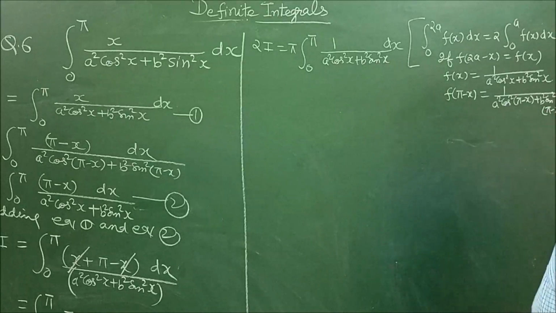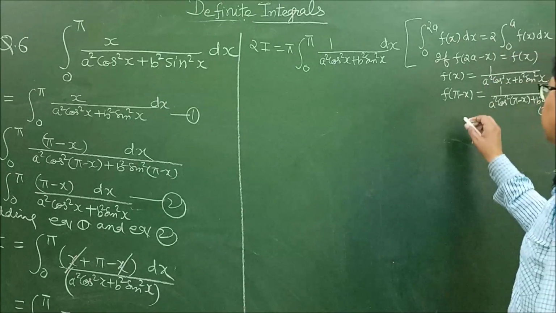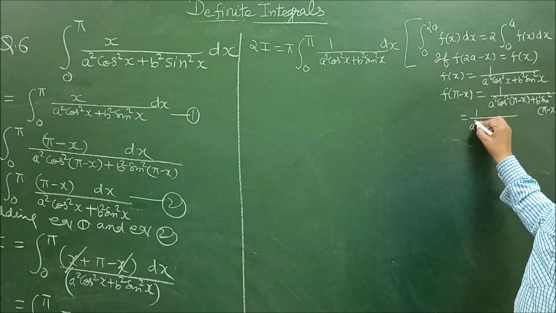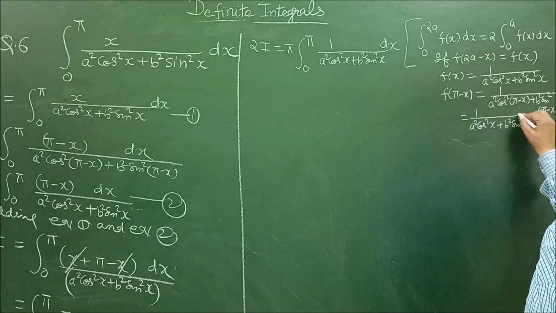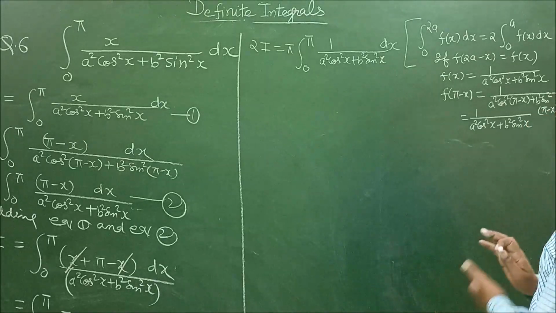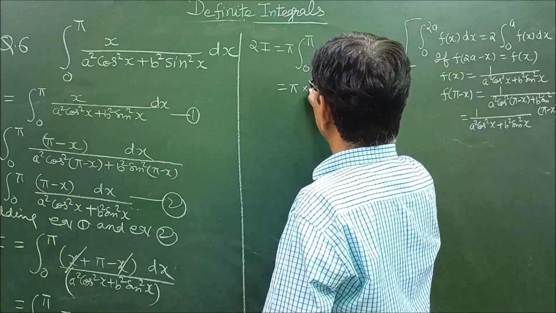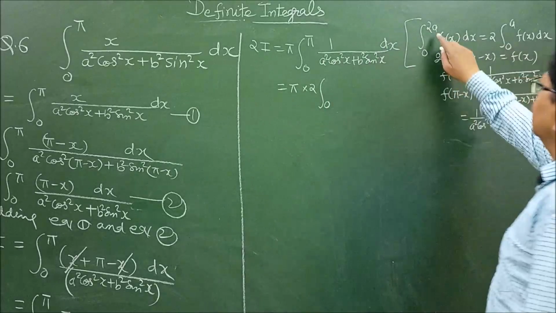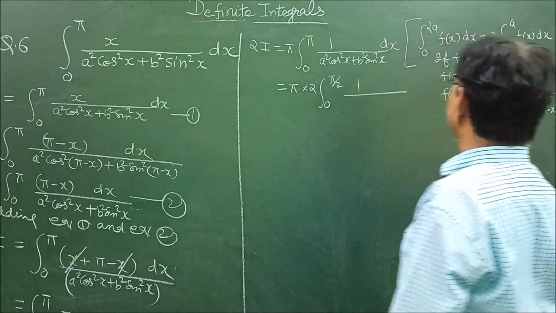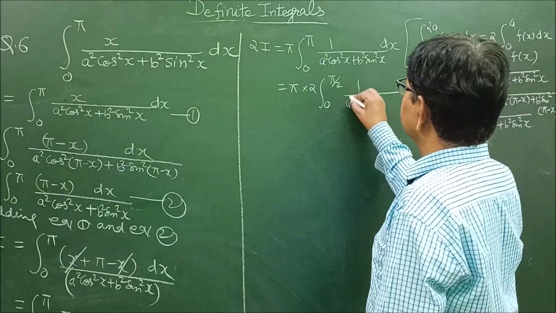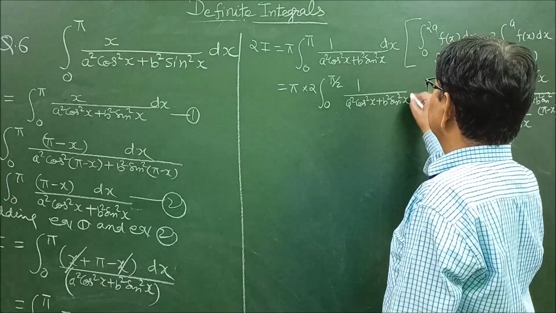As you know, cos(pi minus x) is equal to minus cos x, but because of the square sign it will become positive, so this is equal to 1 upon a square cos square x plus b square sin square x. Sin(180 minus x) is also equal to sin x, so there is no change in the function. So this can be written as pi into twice the integral from 0 to, and this limit is halved here, pi by 2, of 1 upon a square cos square x plus b square sin square x dx.